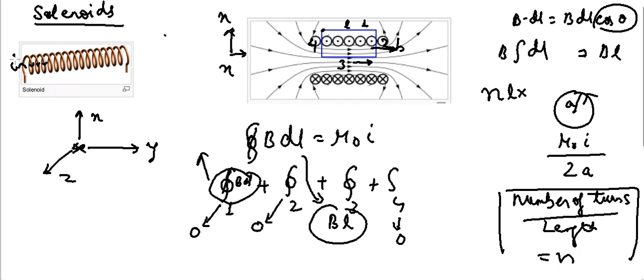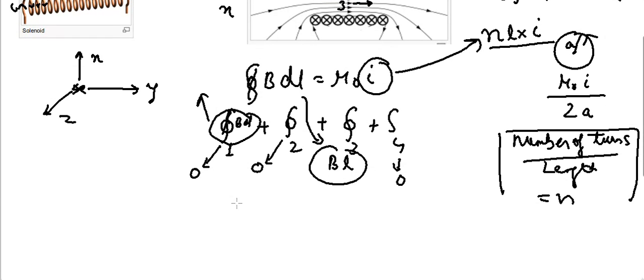The same I will flow through all the circular loops, so the total current in all the loops is just the total number of loops, nL, into I. So the right hand side now becomes mu naught times nLI. So the left hand side, BL, is equal to mu naught times nLI.